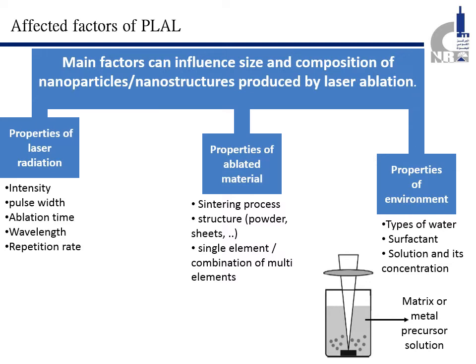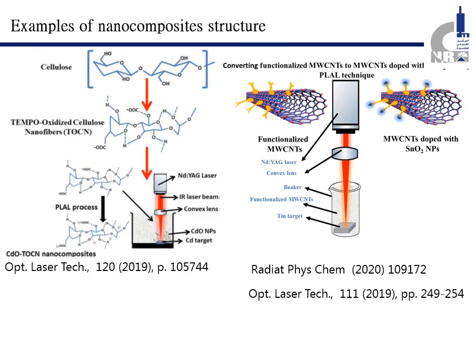There is another way: changing the water to a metal precursor solution, which means using a metal salt. At this time we can also produce a nanocomposite structure. Let's give examples of synthesizing nanocomposite structures by changing the water to a matrix solution.